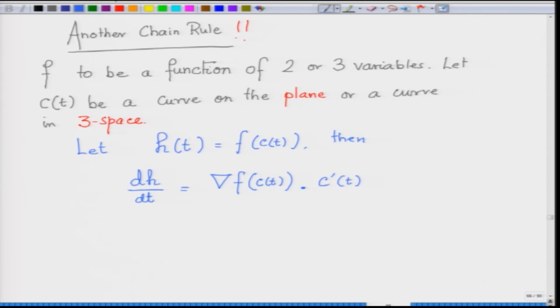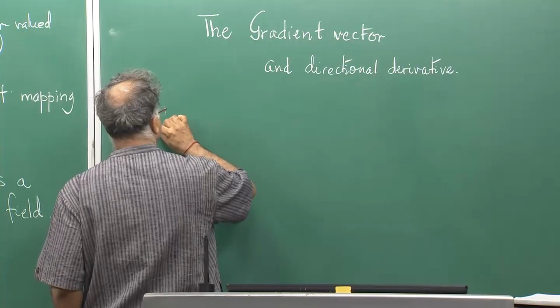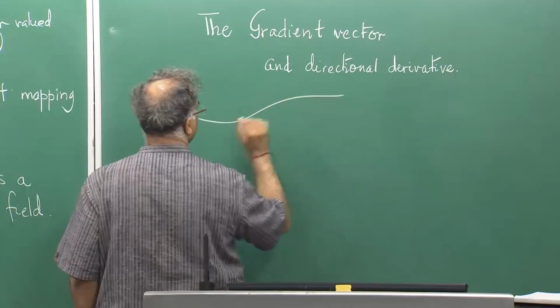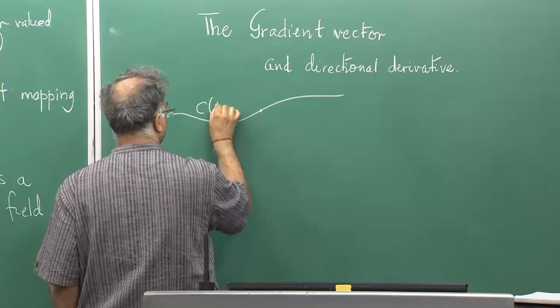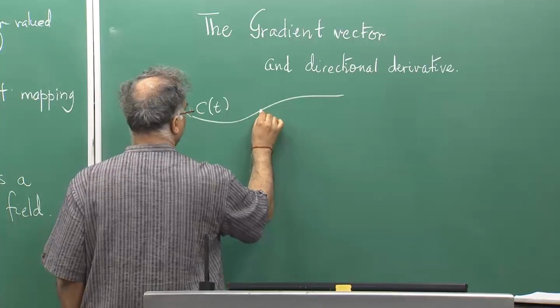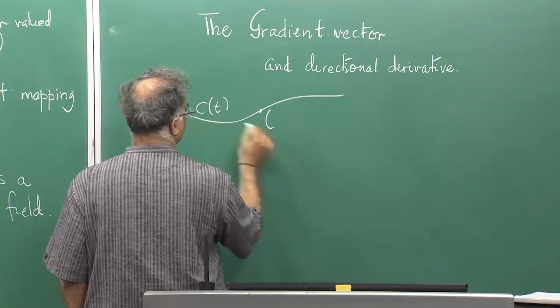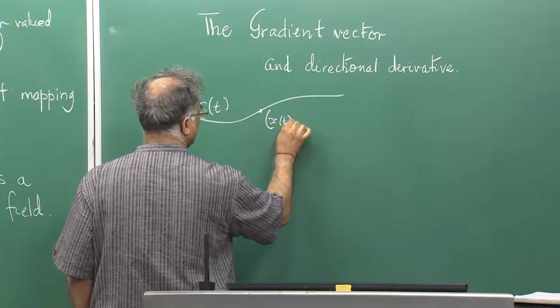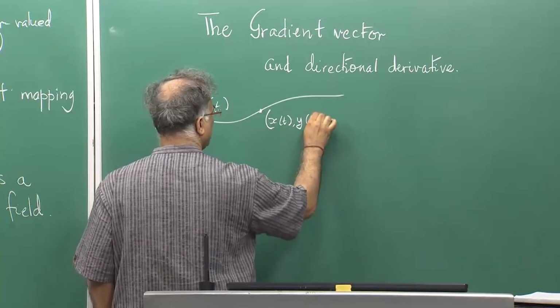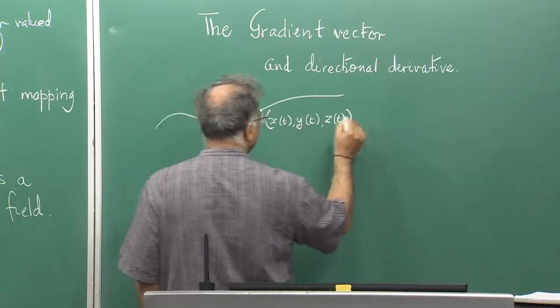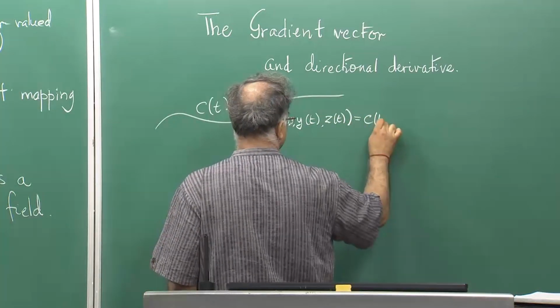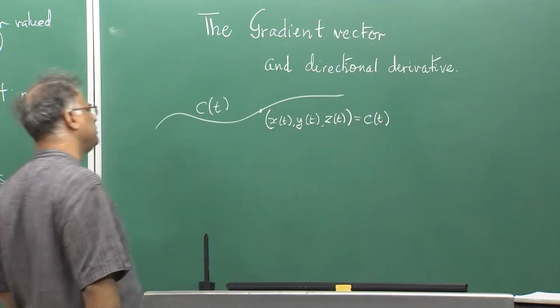So, let us see what this means. You are saying that there is a curve c(t) along which, say, a particle is moving. So, this curve is given. At any point here, x(t), y(t), z(t) is defined by a parameter t, and this point is c(t). c(t) is actually the radius, nothing else, the position.